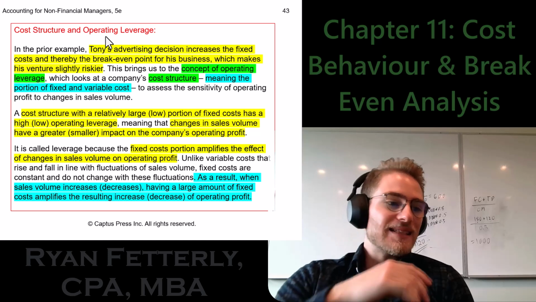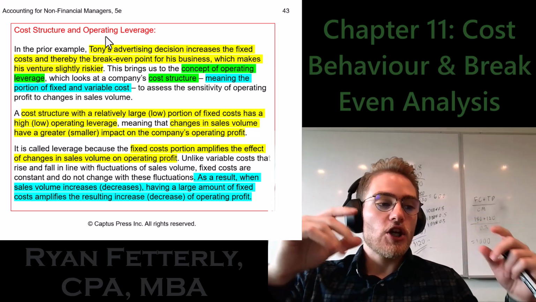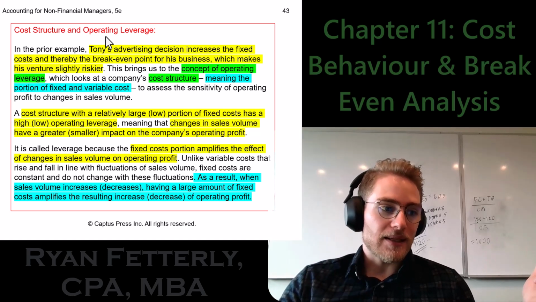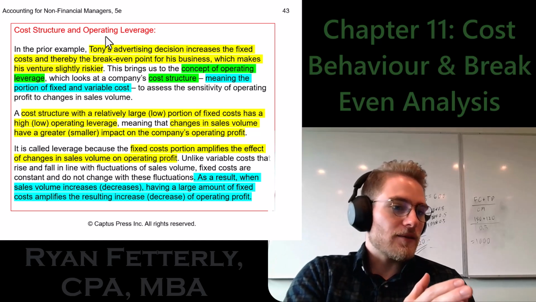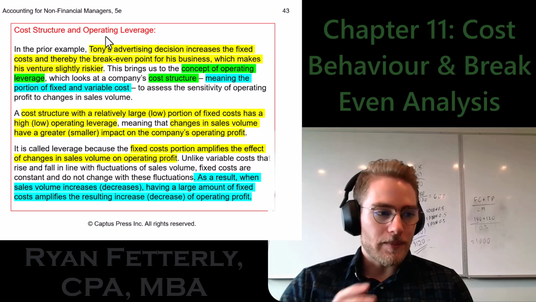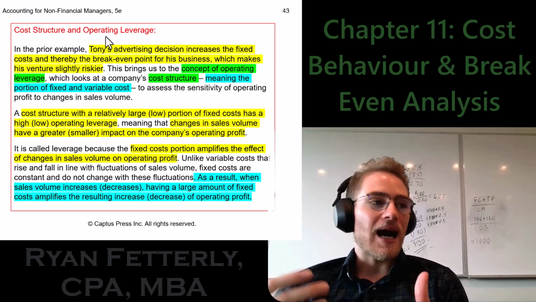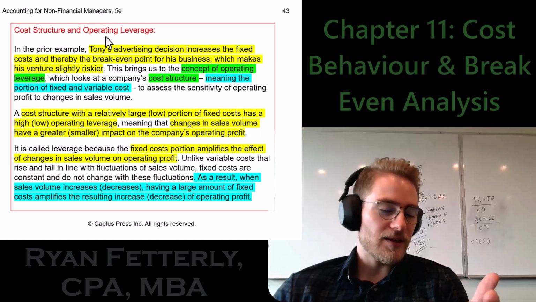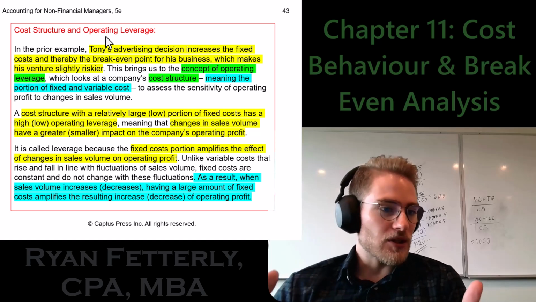As a result, when sales volume increases, having a large amount of fixed costs amplifies the resulting increase of operating profit. The idea here is that when you increase your fixed costs, your variable cost per unit should technically be less. Say instead of filling this boardroom that I'm in with a whole bunch of workers assembling units and having that high variable cost, which is their hourly rate, I buy a machine that fits in this room and just pay the fixed cost of that machine.